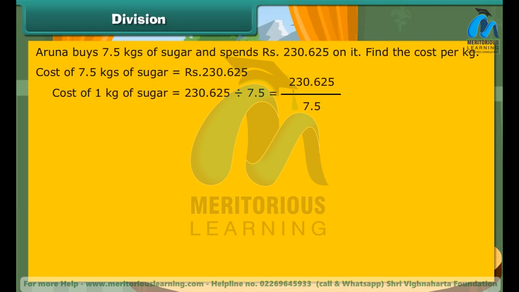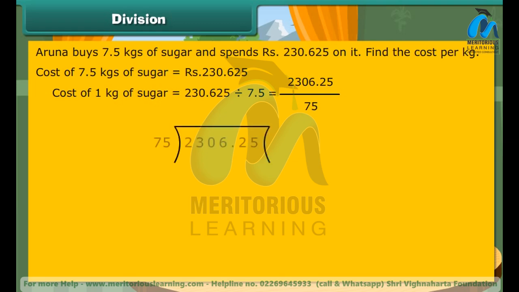To divide 230.625 by 7.5, we first remove the decimal point in the denominator by multiplying the denominator and the numerator by 10.